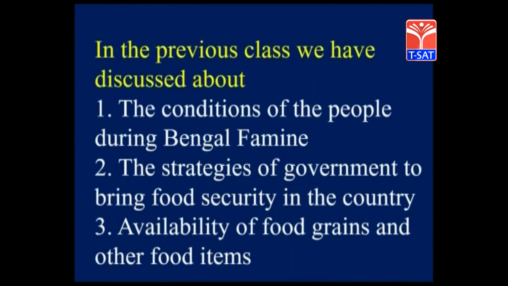So, let us proceed with what we have discussed in the previous class. Children, in the previous class, we discussed the conditions of the people during the Bengal famine, the strategies of the government to bring food security in the country, and the availability of food grains and other food items.